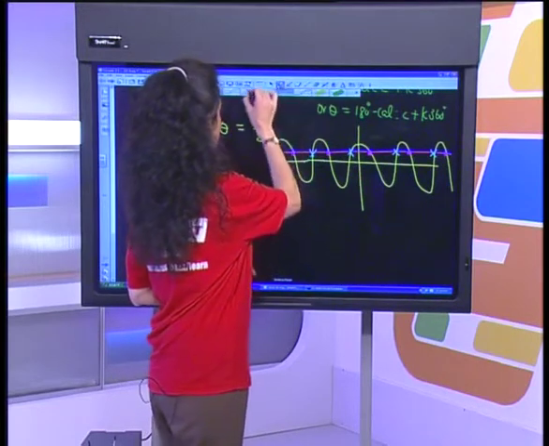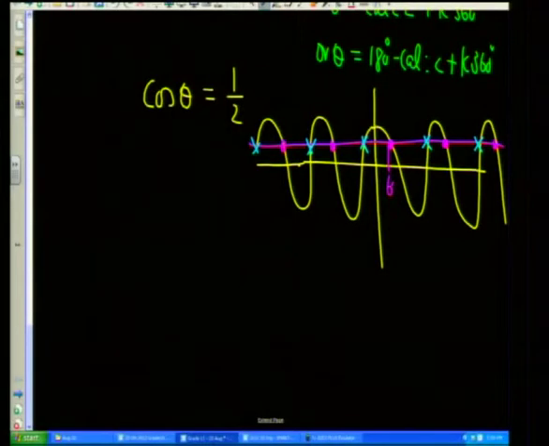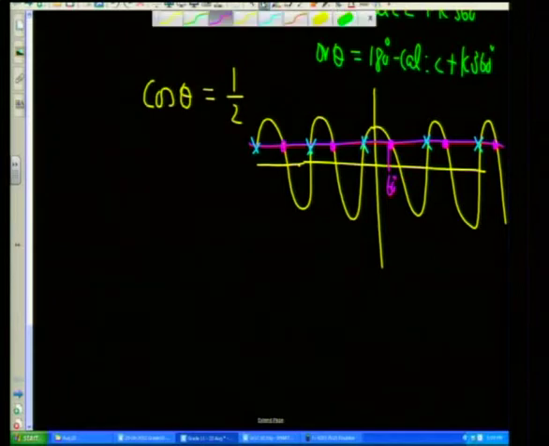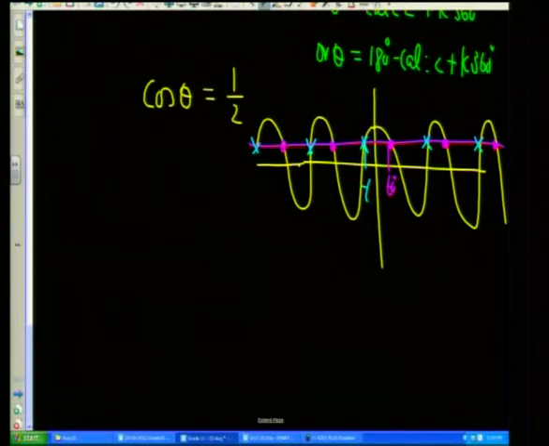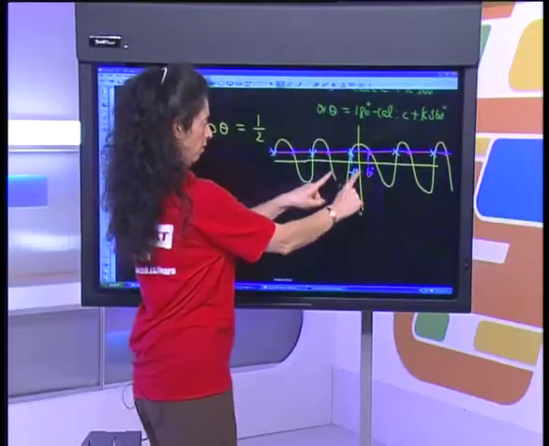So if I say that this one's 60 over here, it must mean that the minus 60 is over here. And with the cos function, I actually don't need a second calculation.